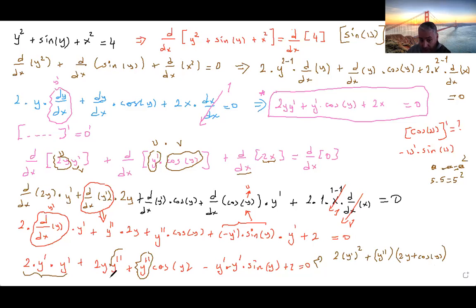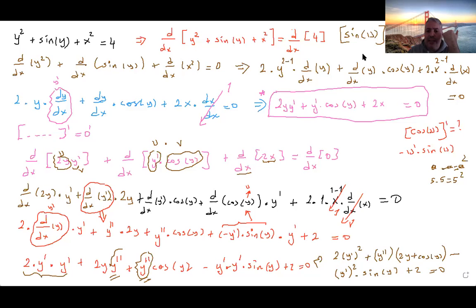Y double prime common parenthesis, 2y and cosine of y. Yes, no? Yes. Minus y prime and y prime, it will be y prime square, like 5 times 5, 5 square, times sine of y plus 2 equals 0.